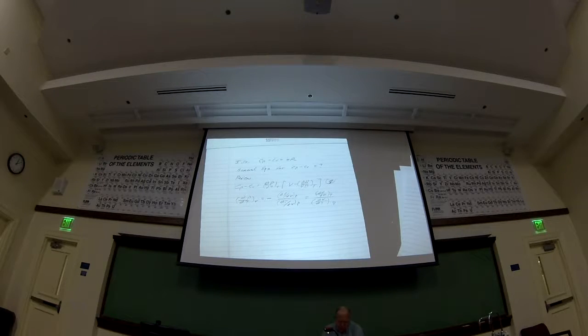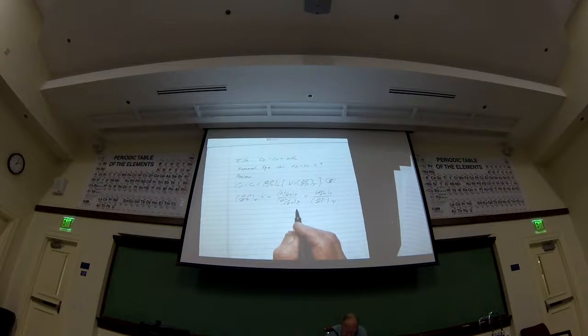That's the way I really want it, because if we divide the numerator and denominator by 1 over V, this is equal to the isobaric coefficient of expansion divided by the isothermal compressibility.